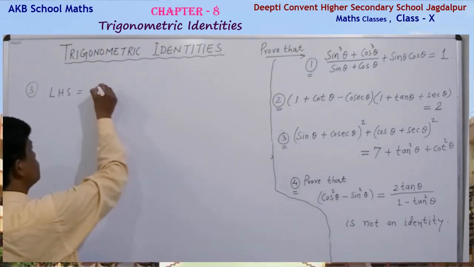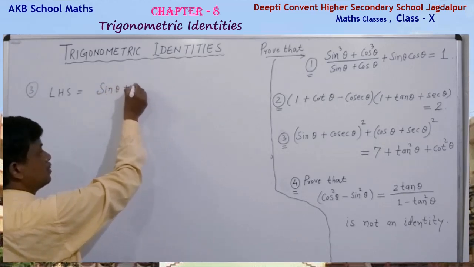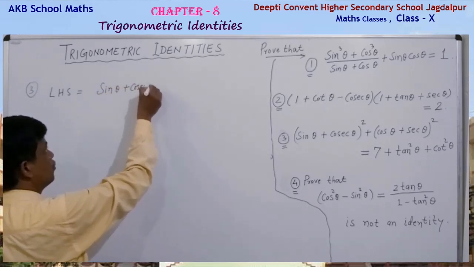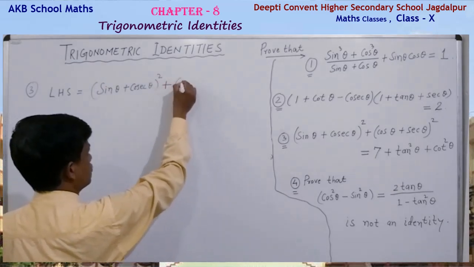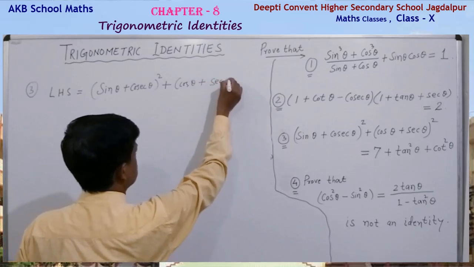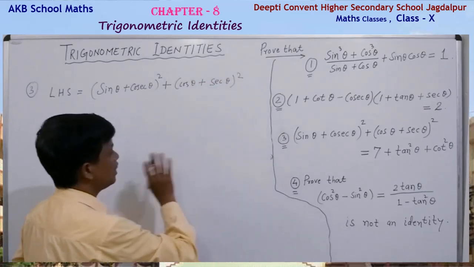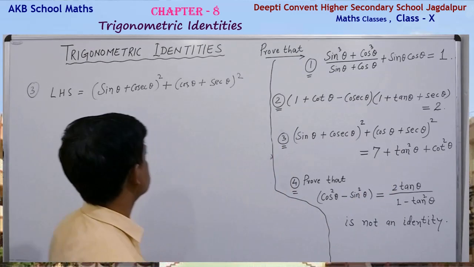Left hand side: sin theta plus cosec theta whole square plus cos theta plus sec theta whole square. This is the left hand side, and we are trying to get 7 plus tan square plus cot square.